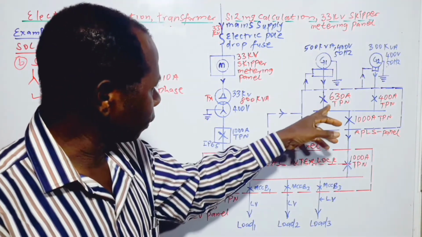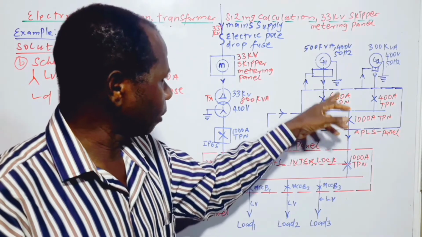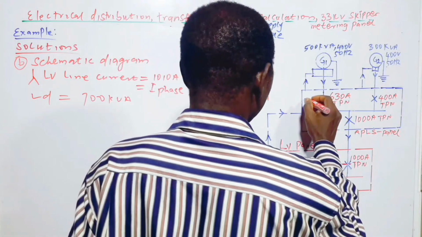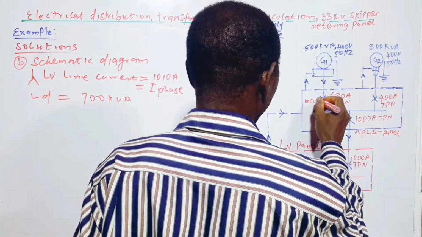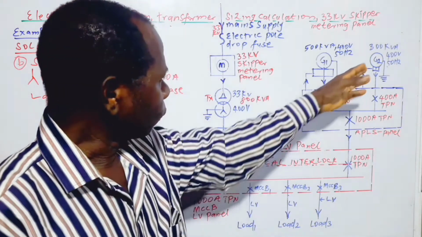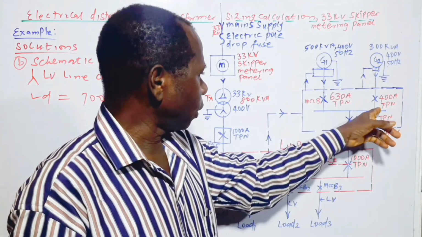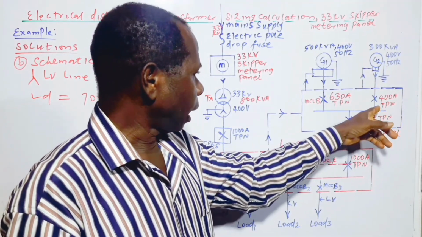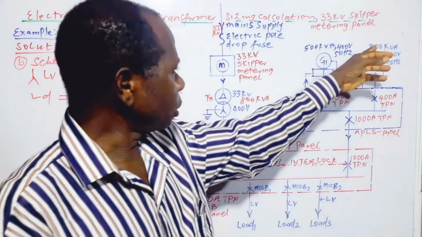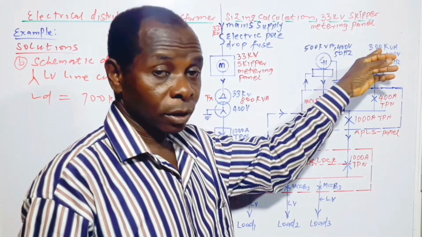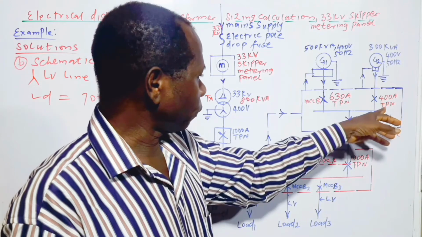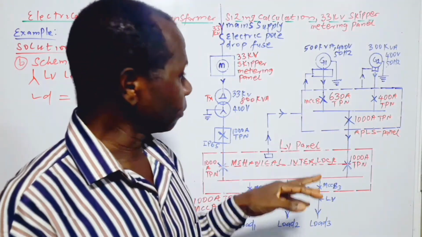So for the 500 kVA, we use a 630 amp MCCB circuit breaker to protect it. This is an MCCB, and this is also an MCCB. For the 300 kVA, we use a 400 amp circuit breaker to protect it, because the maximum current that can be drawn from this one is about 433, so with 400 we protect it very well.